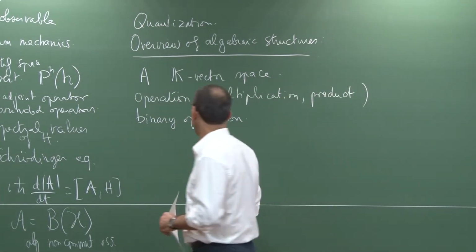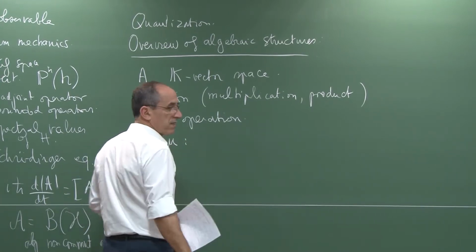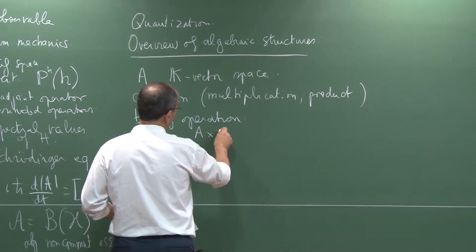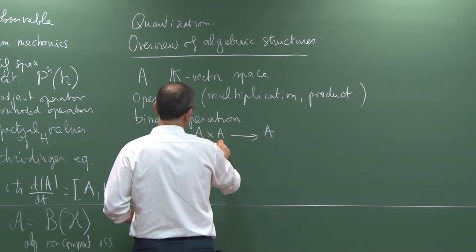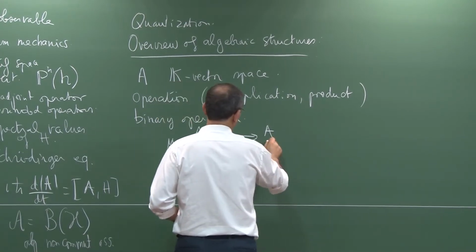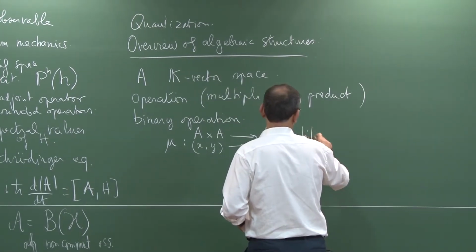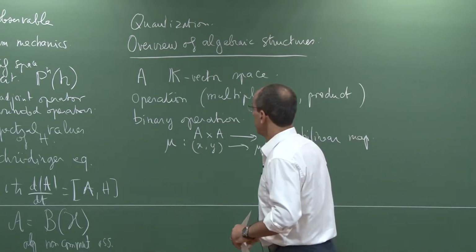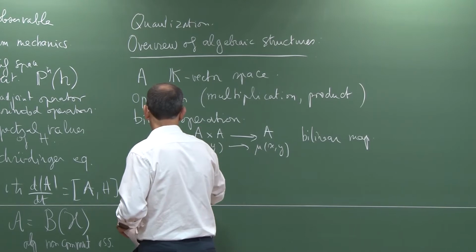But a binary operation, what is it? Let's call it mu. It's just a bilinear map from A times A to A, and to (x, y) we associate mu(x, y). In general, we can also use n-ary operations.